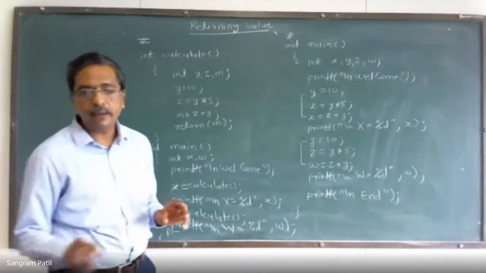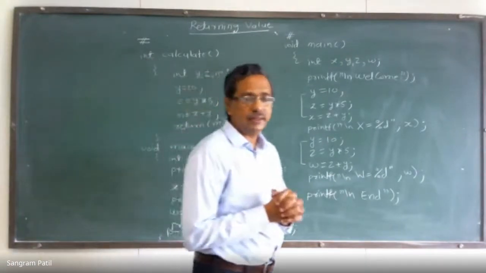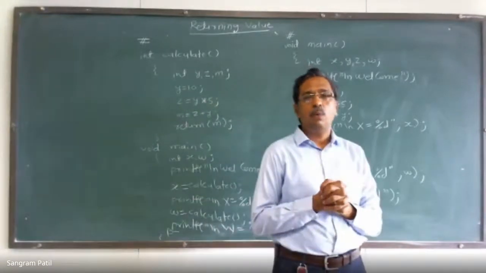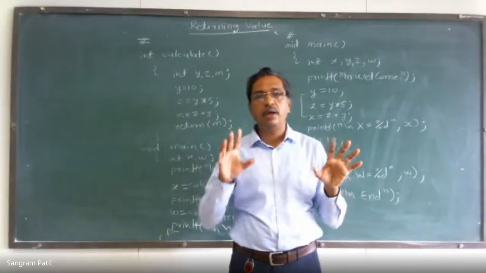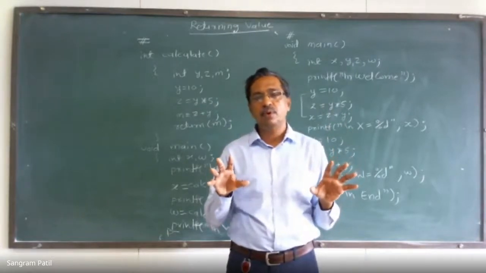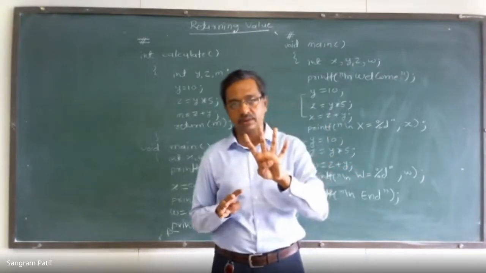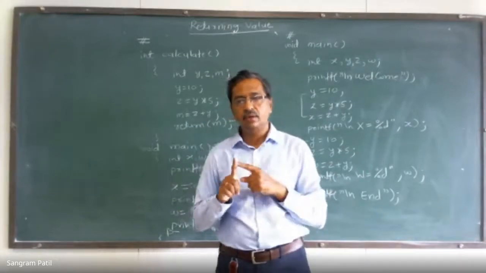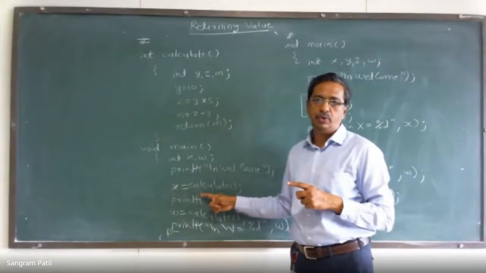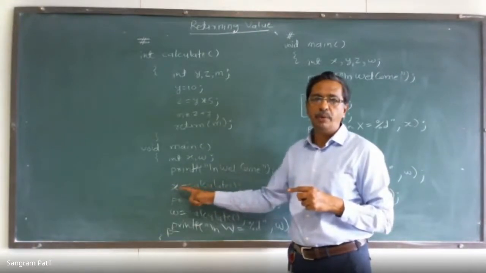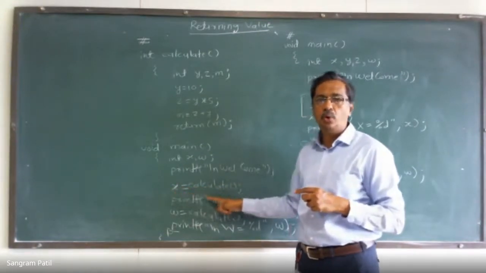So when you want to access a value of a variable from function into the calling program, we have to focus on four things. First thing, calling program must request a value. To request a value, we have to mention variable equal to name of the function.